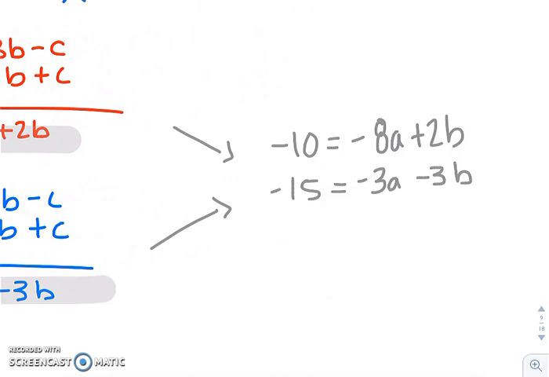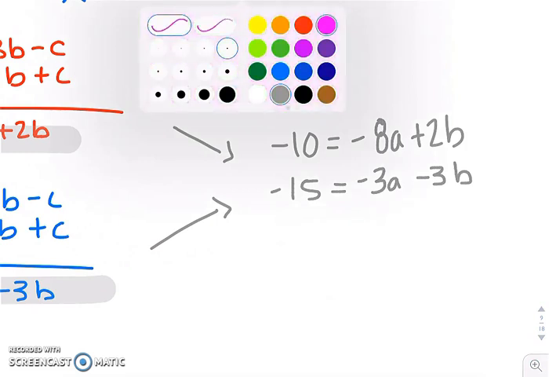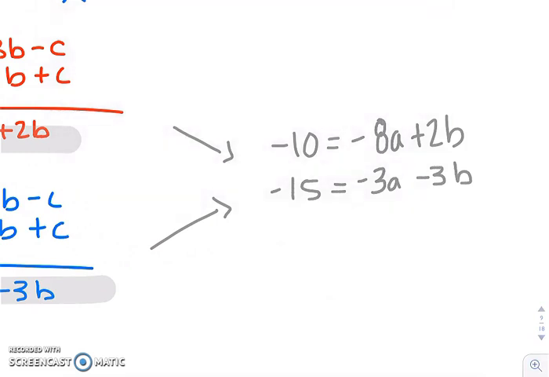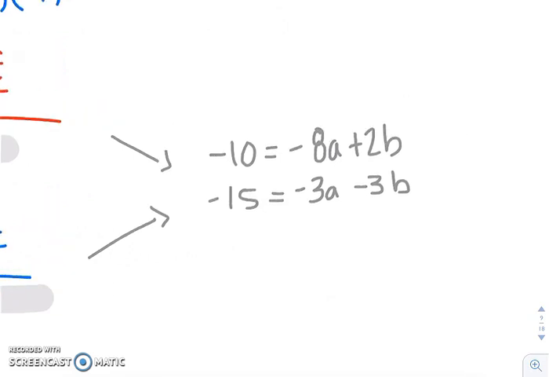So when you guys are looking at these, you're trying to figure out which one is going to be easiest to eliminate. So in this case, we do have to multiply both equations. So let's make our b's 6 and negative 6. Multiply this first one by 3 and the second one by 2.